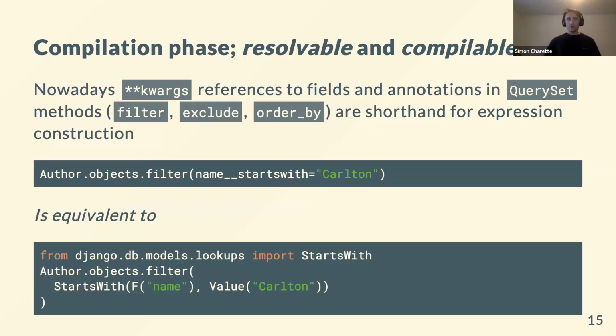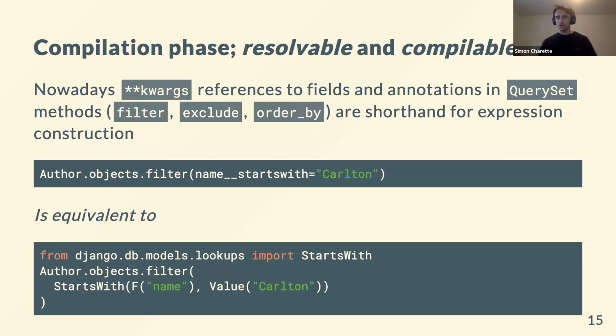A kind of overview of how the kwargs, or what is also often referenced as the double underscore syntax, gets turned into SQL under the hood. We've talked a lot about expressions, compilable and resolvable, but a few years ago that was not the case.